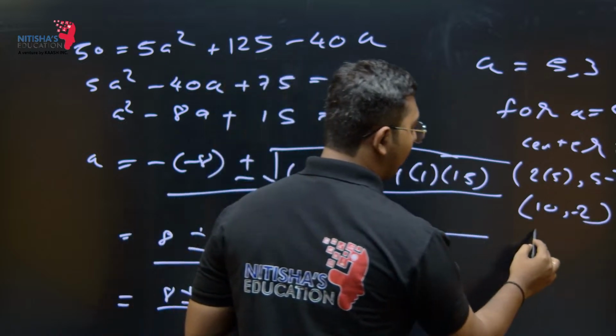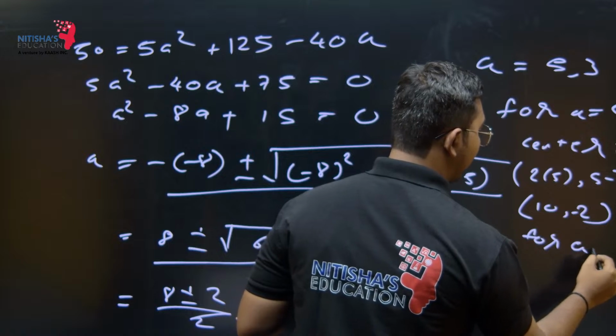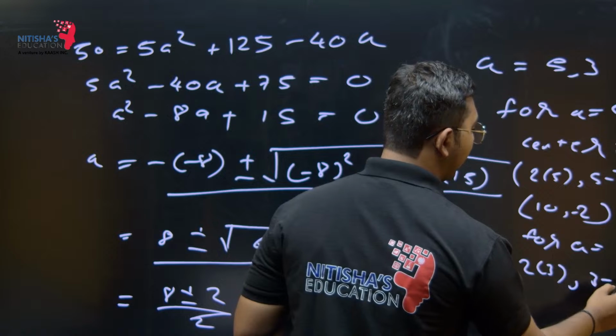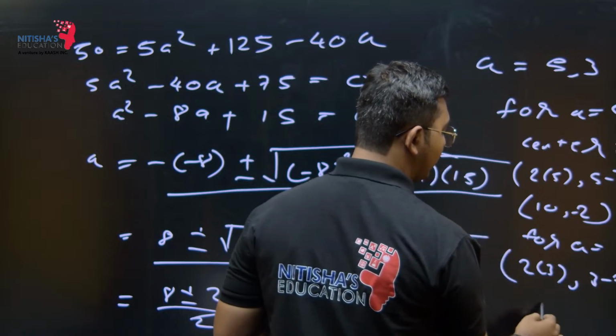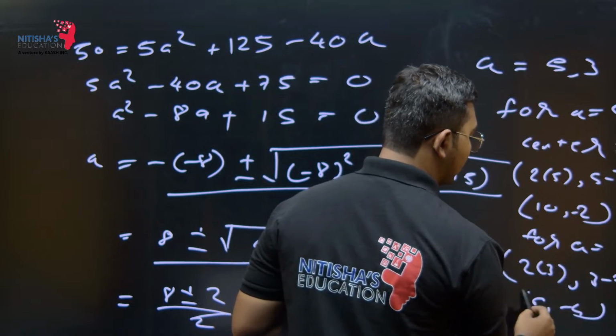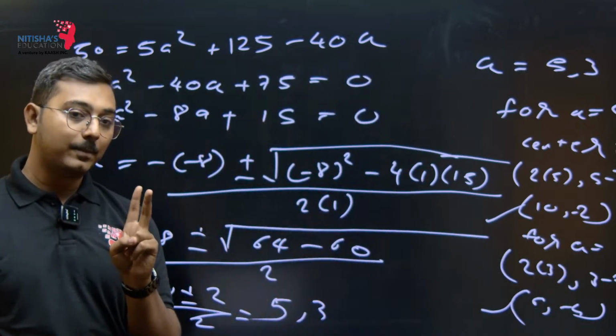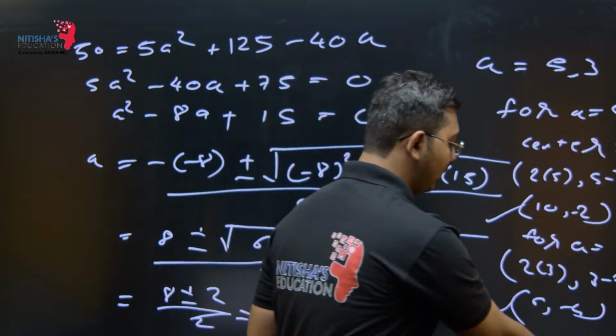Okay, and for a is equal to 3, 2 into 3 comma 3 minus 7, 3 twos are 6 comma minus 4. So these are the two centers possible because of two distinct a's.